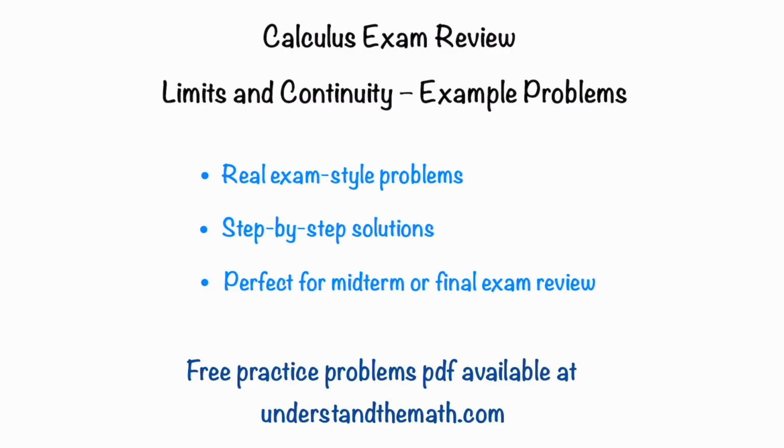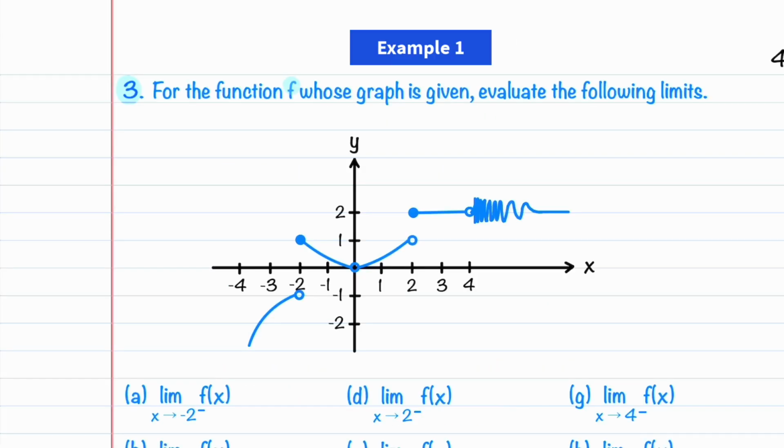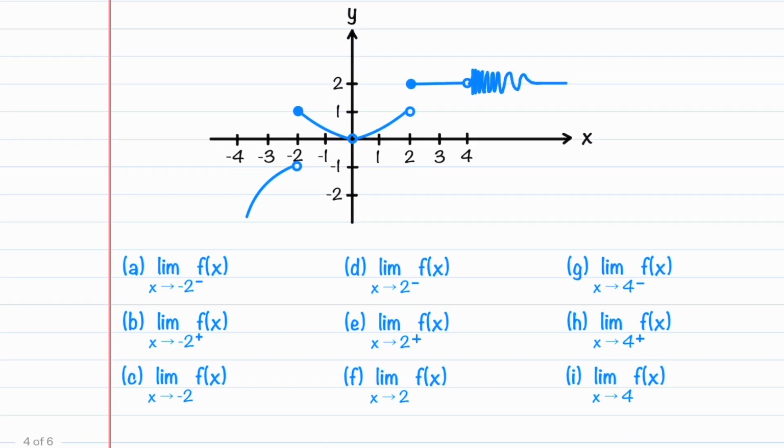Let's get started. We're given a function f whose graph is given, and we're going to evaluate the following limits. Let me move this up a little bit so that we can see the limits. The first limit that we're going to evaluate is the limit as x goes to -2 from the left of f of x.